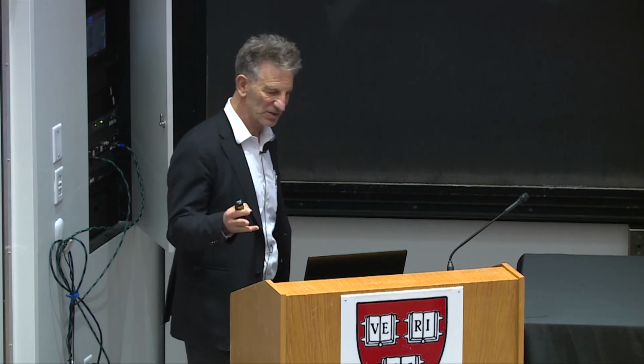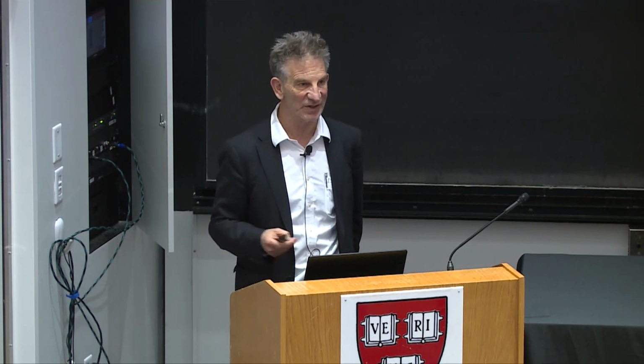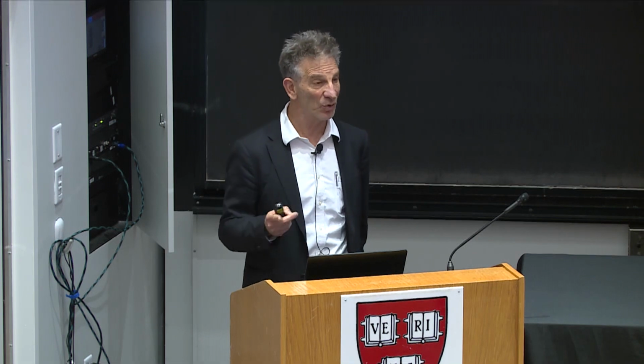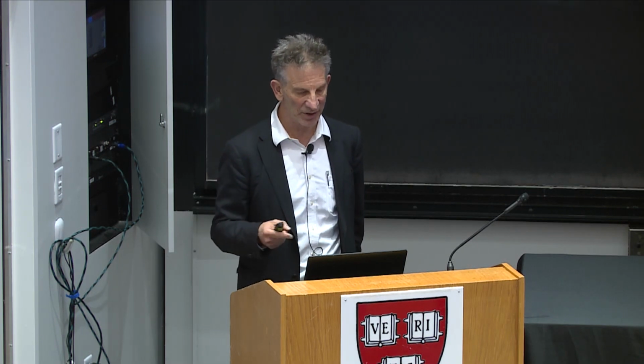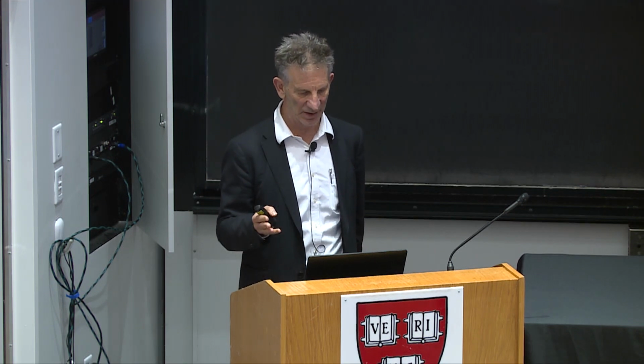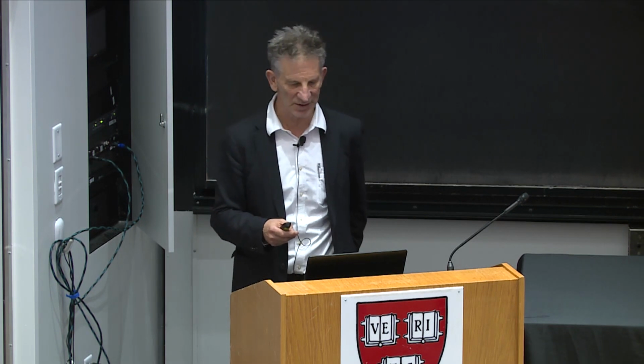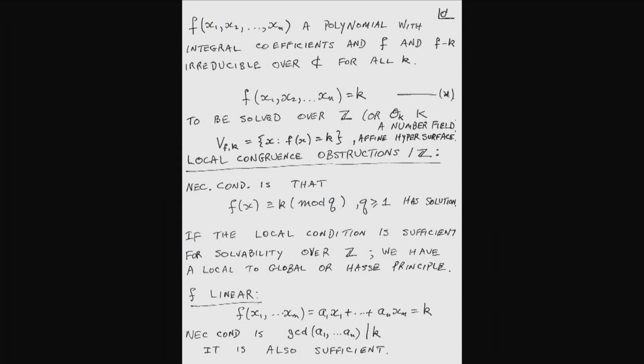Now, you might wonder whether checking f of x congruent to k modulo q is something that itself is very difficult to check, because I need it for all q. But for the polynomials, for the f's that we're looking at, which will be of degree in more than three variables, as you'll see in the interesting cases, you only have to check this for finitely many q's.